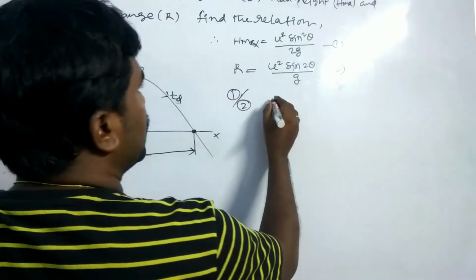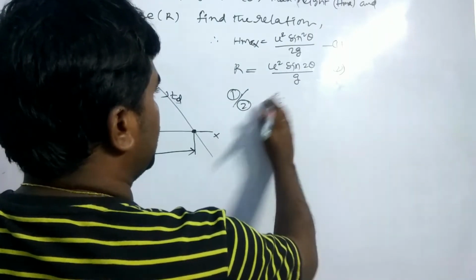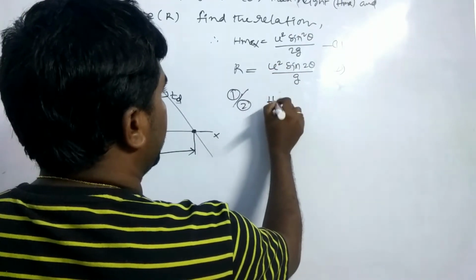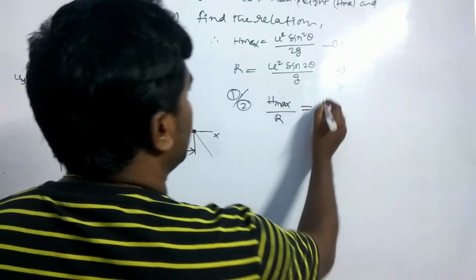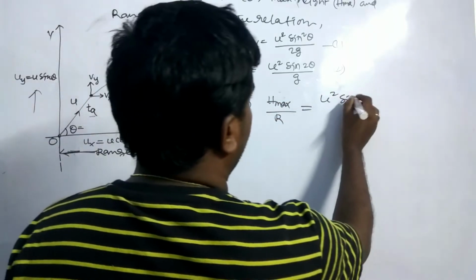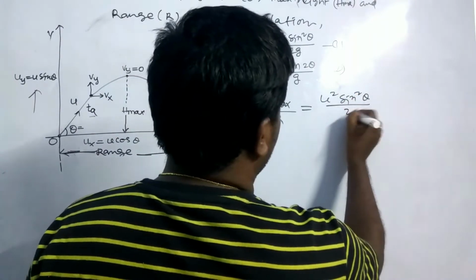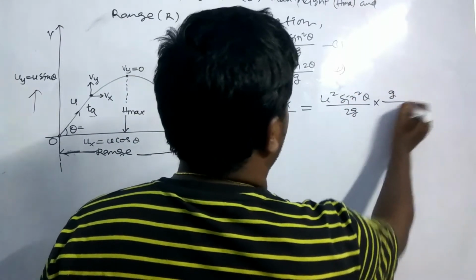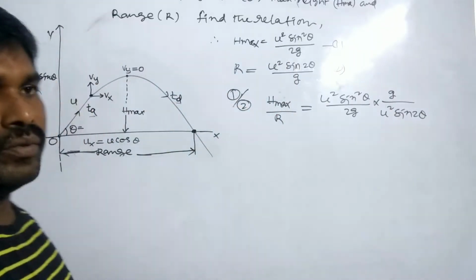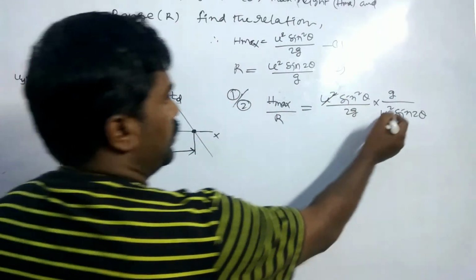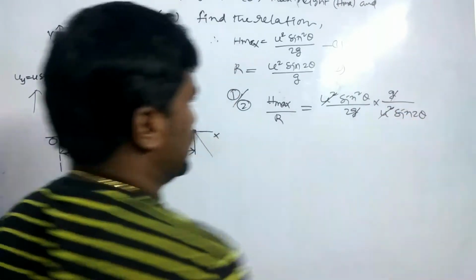So h maximum by r is equal to u square sine square theta by 2g into g by u square sine 2 theta, where u square and u square get cancelled, g and g get cancelled.